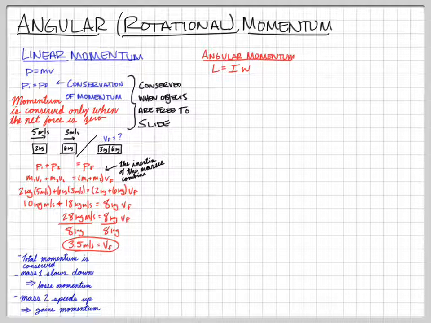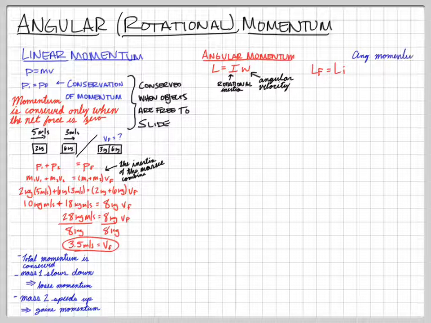So I is rotational inertia, and omega is angular velocity. So the difference here is that we're talking about those angular and rotational quantities. Instead of mass, rotational inertia. Instead of velocity, angular velocity.